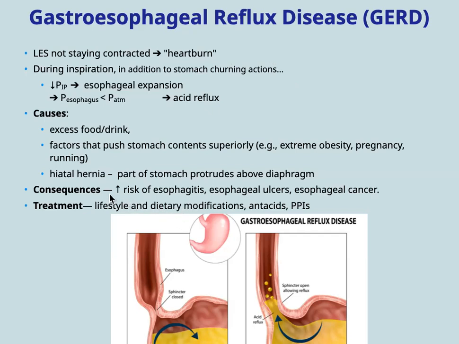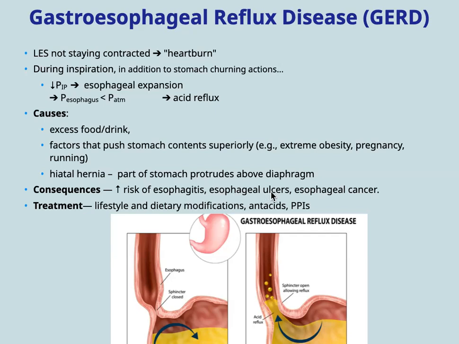Now, the chronic consequences of heartburn or GERD are more serious than the short term. In the short term, it increases the risk of esophagitis, which is just inflammation within the lining of your esophagus. And it can also lead to an esophageal ulcer over time.